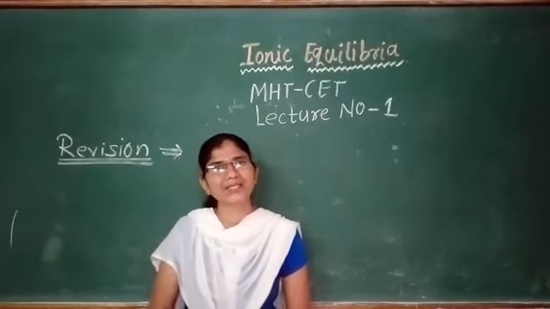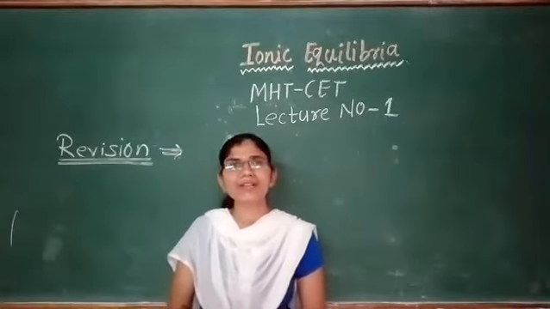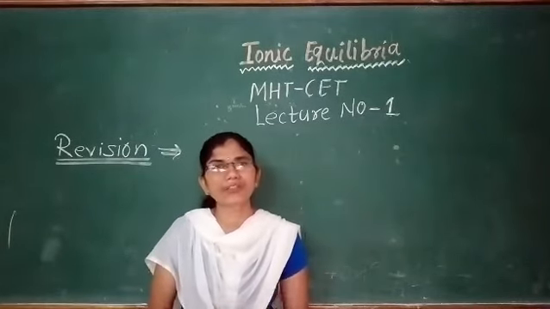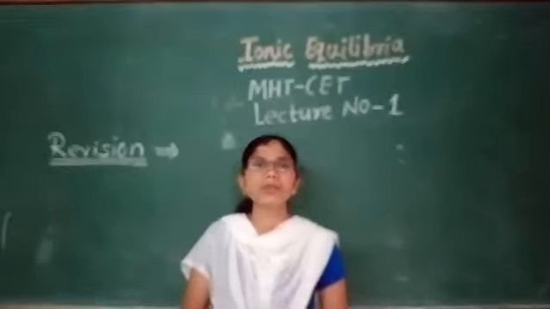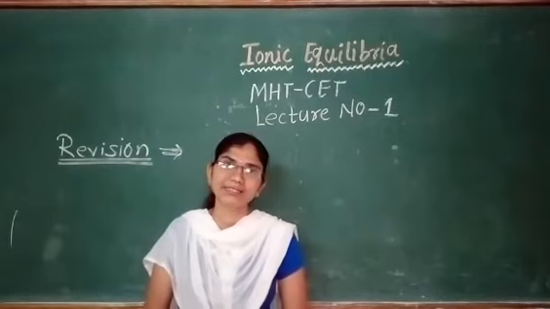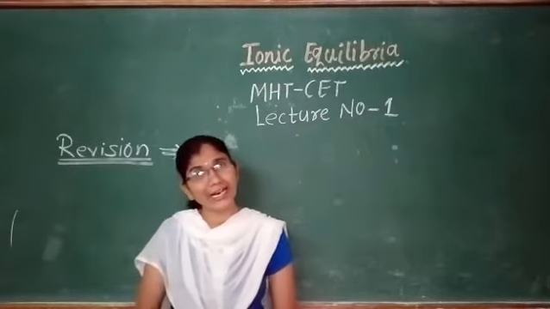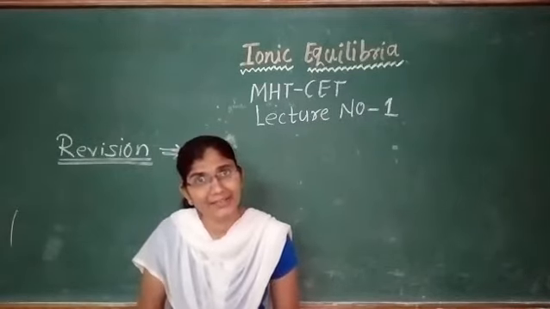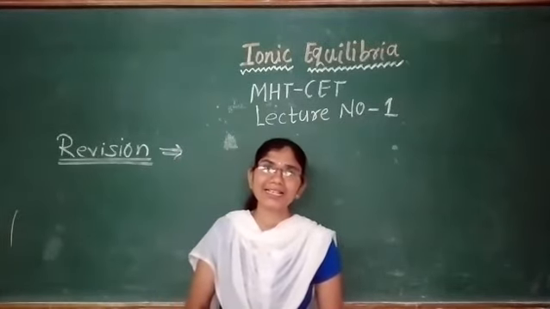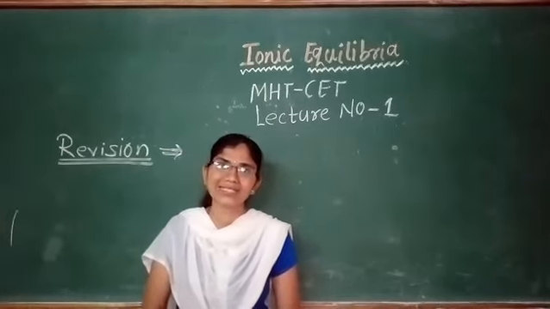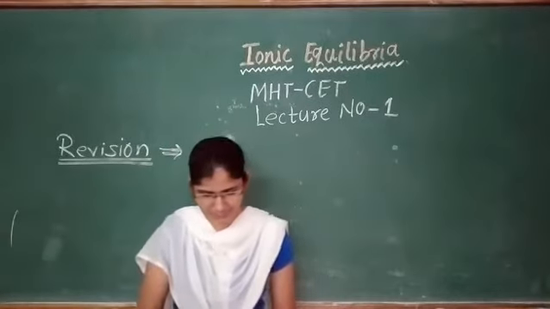Ions are of two types, cations and anions. Cations are formed by the loss of an electron from the parent atom, and therefore acquire a positive charge. And anions are formed by the gain of an electron, and therefore the anion has a negative charge. So ions are the charged species, having either a positive or a negative charge.